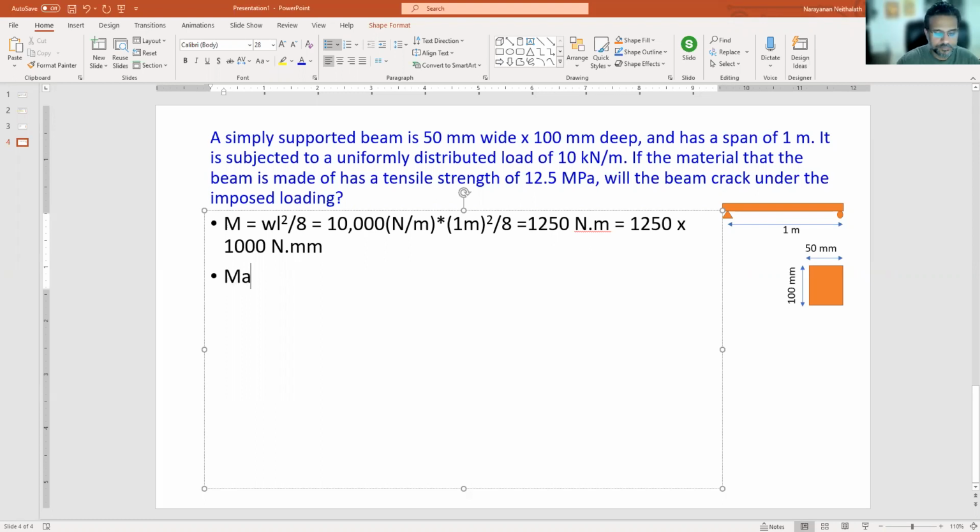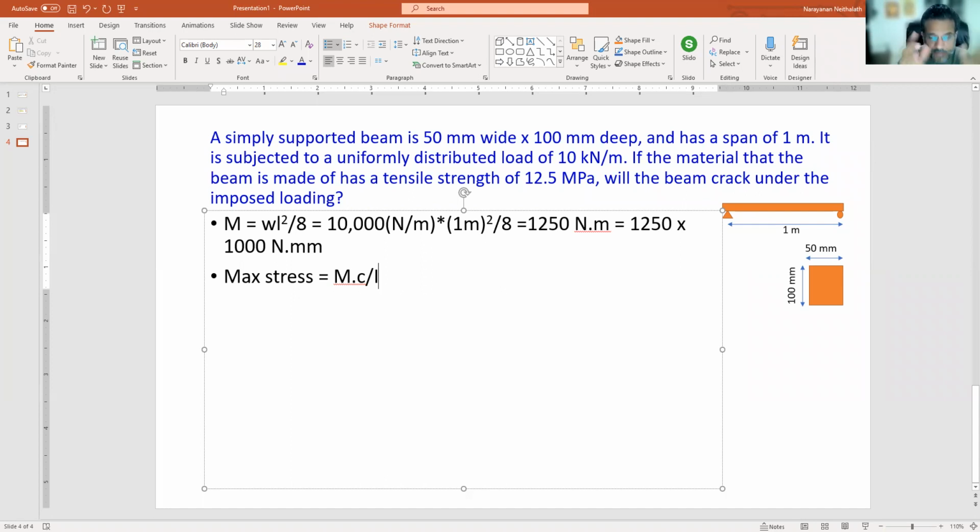That's your moment. Now, what's your maximum stress? Maximum stress is equal to the moment times the distance from the centroidal axis to the extreme tension fiber divided by moment of inertia. So for pure bending, you should have derived this equation in your deformable solids class.